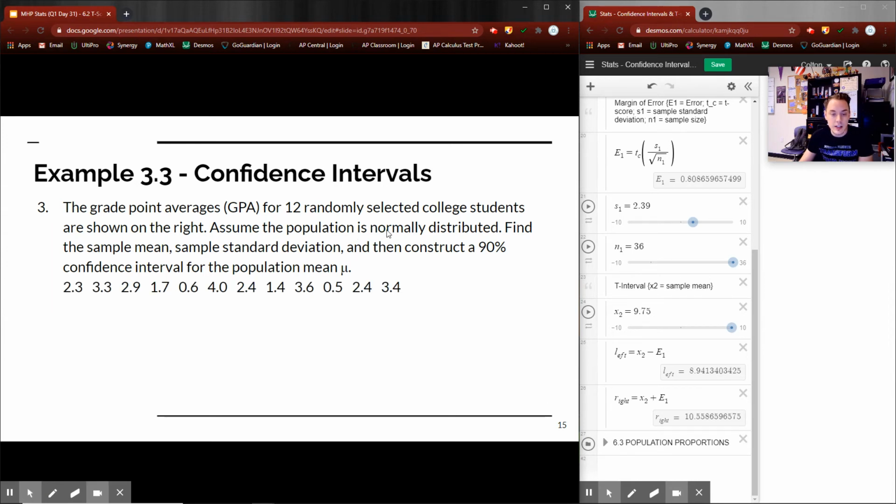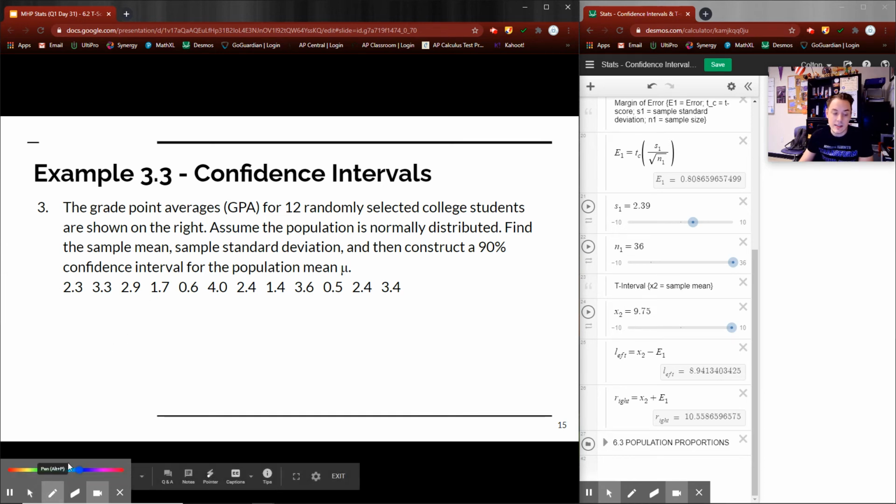Assume that the population is normally distributed, so that's good. We want to find the sample mean and the sample standard deviation, and then construct a 90% confidence interval for the population mean.